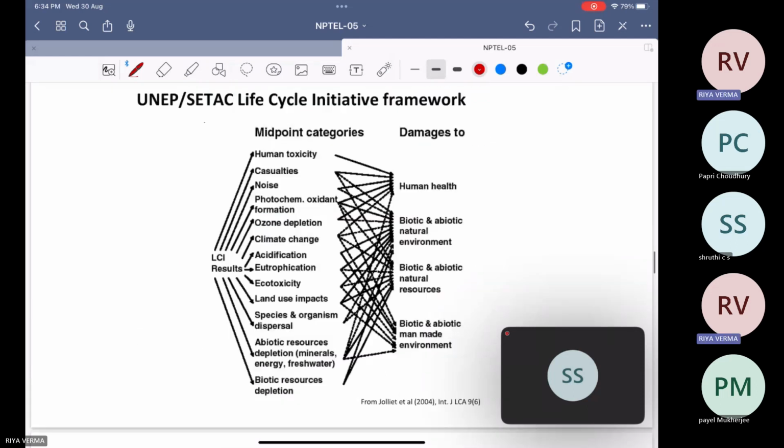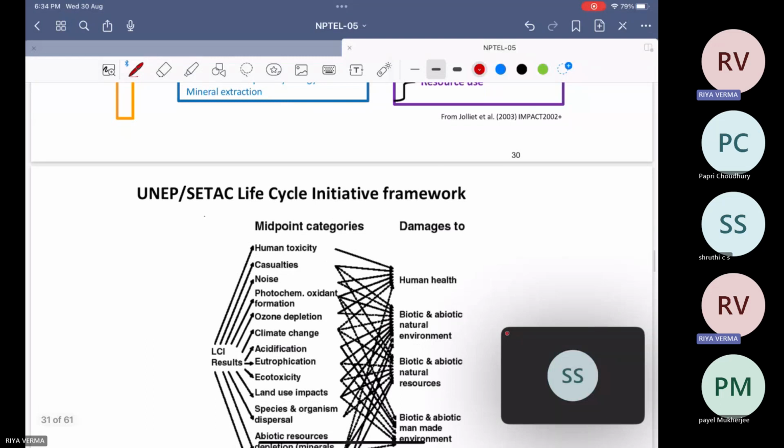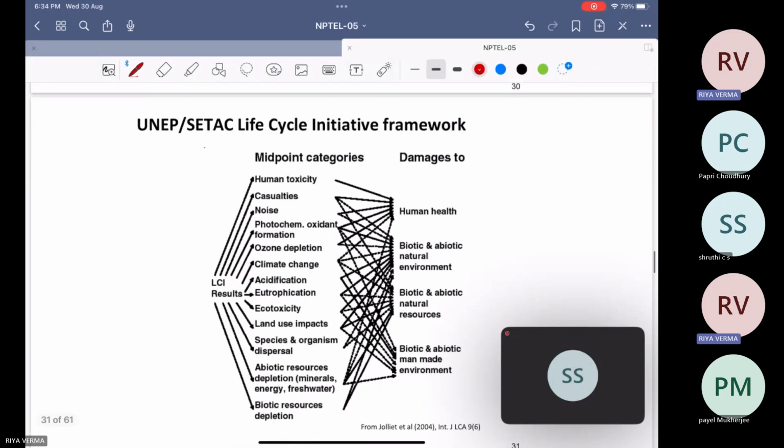This is the same graph giving a framework for the different types of categories. These are the midpoint categories and these are the endpoint categories, or the damages. These midpoint categories create the damage to these factors.